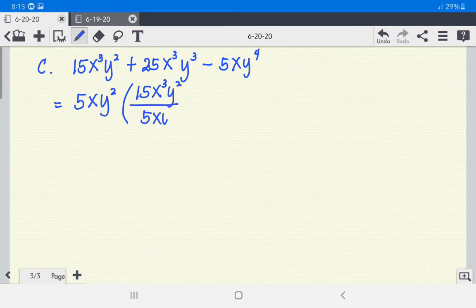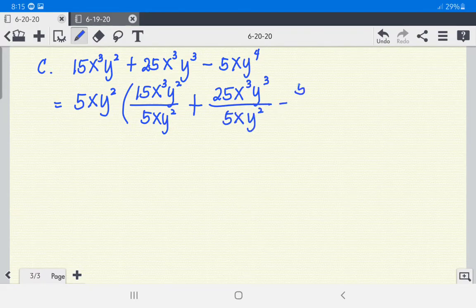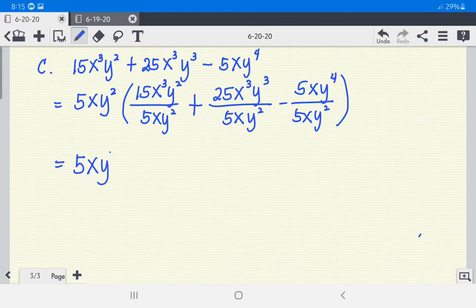Then plus 25x cubed y cubed over the GCF 5xy squared, then minus 5xy raised to the 4th power over 5xy squared. Then you copy the first factor, which is the GCF 5xy squared, then times 15 divided by 5, that is 3.